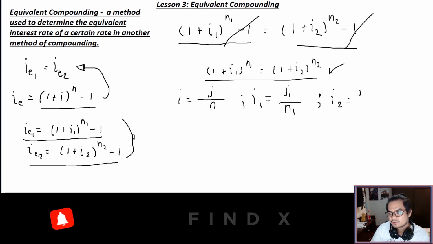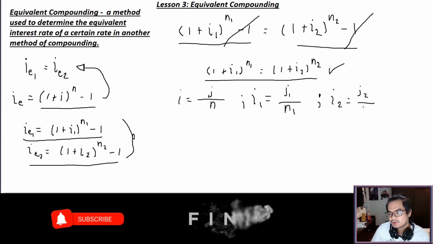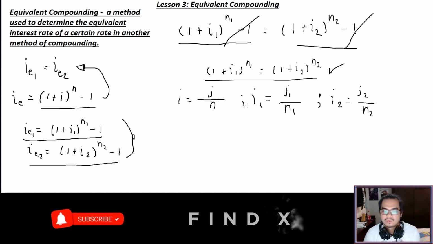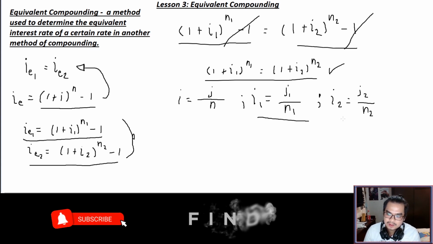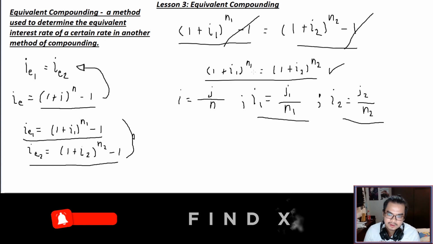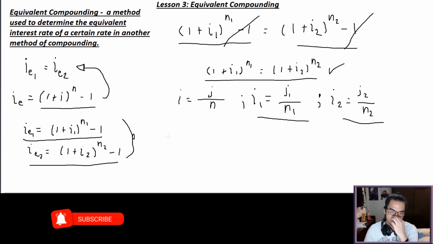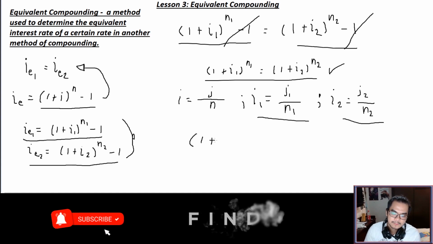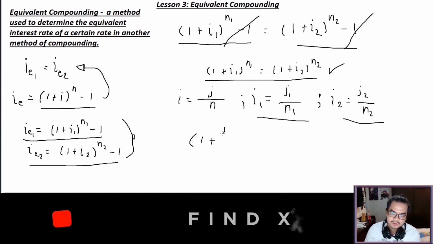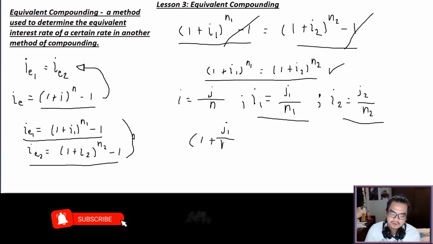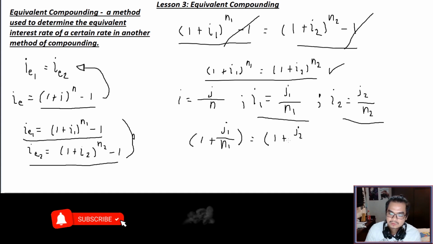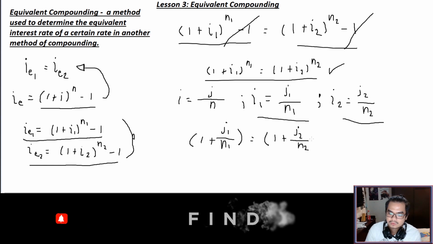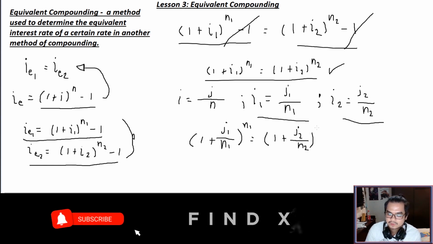and i2 will be equal to j2 over n2. Substituting i1 and i2 here by j1 over n1 and j2 over n2, you can also have 1 plus j1 over n1, raised to n1, equal to 1 plus j2 over n2, raised to n2.